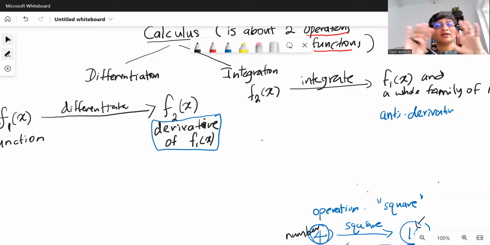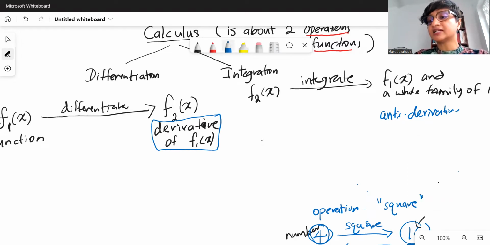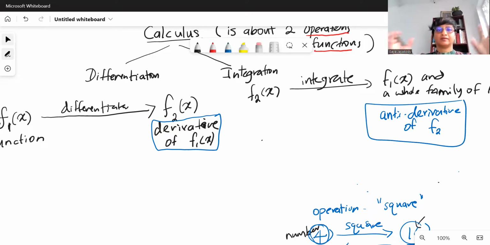It's weird to say it like that, but when you say anti, it comes from the other side, so the meaning comes through. f1 is the antiderivative of f2. Okay, right?